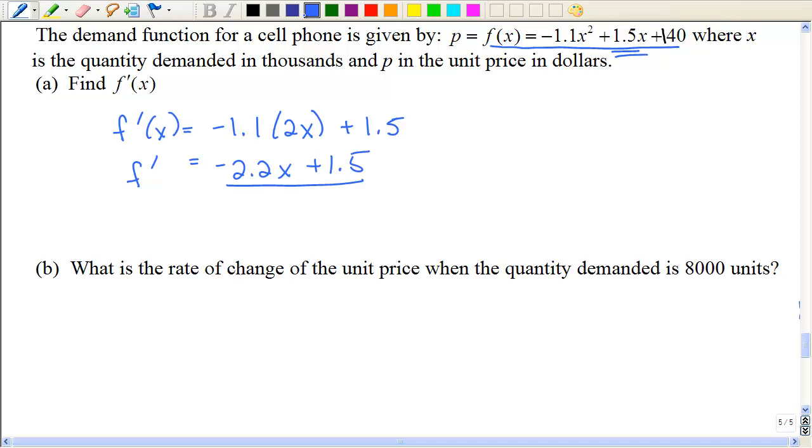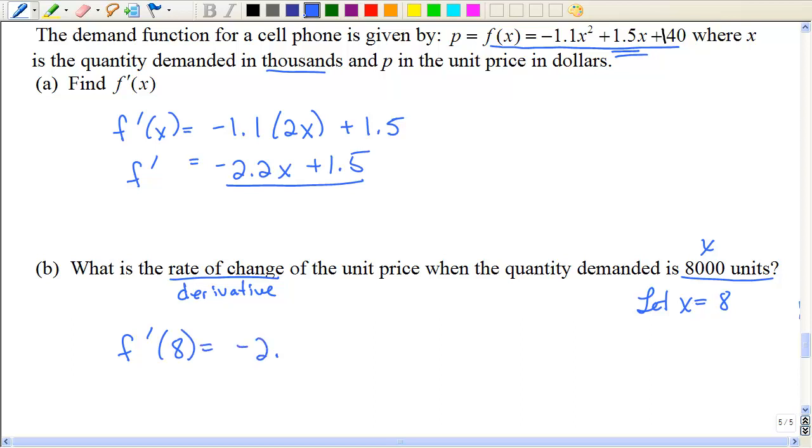Now, what is the rate of change? And rate of change is still that derivative of the unit price when the quantity demanded is 8,000 units. Now, the quantity demanded is x, but since it's in thousands, we need to let x equal 8. So I'm going to take the derivative and evaluate it at 8.